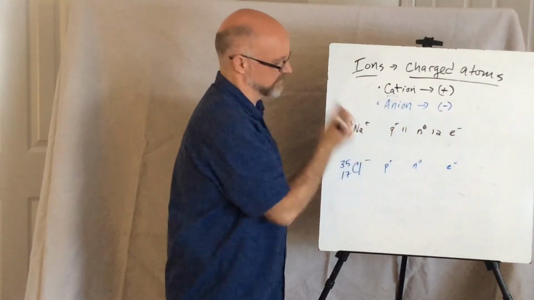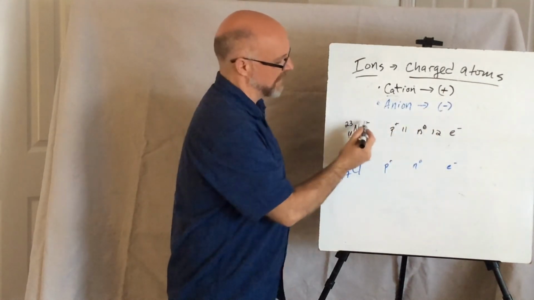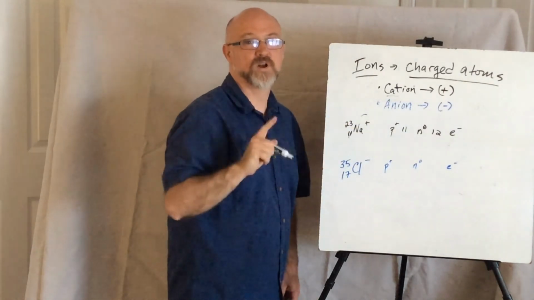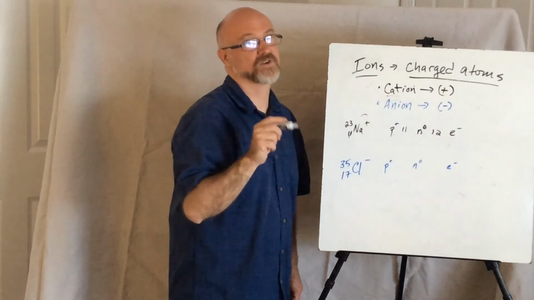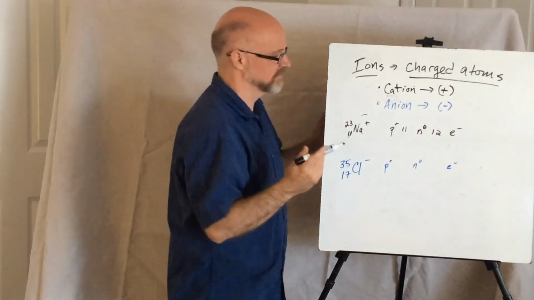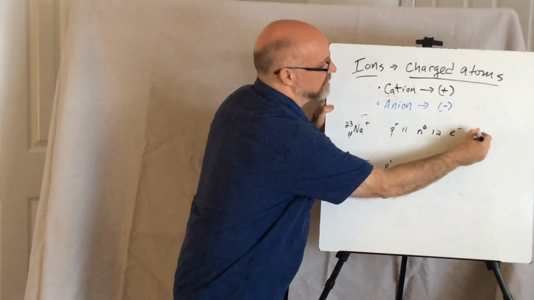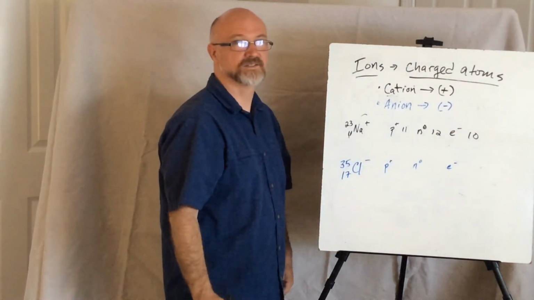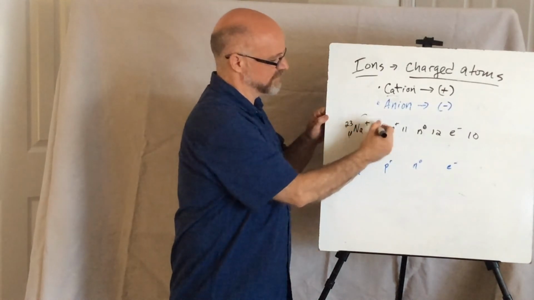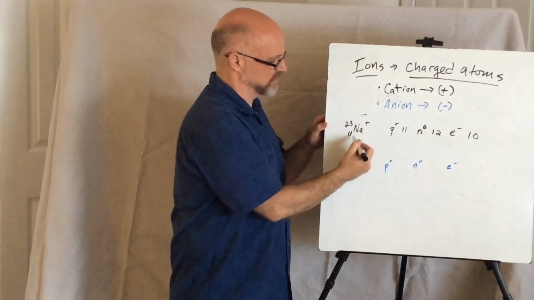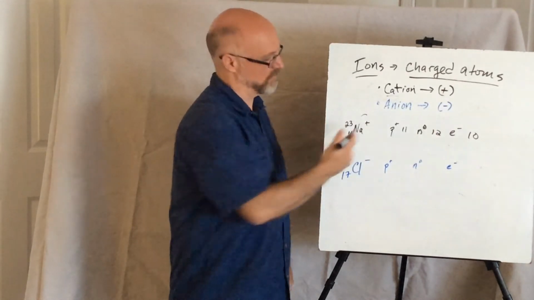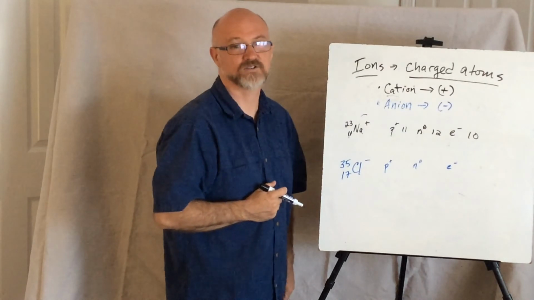Now, this has a positive charge, meaning that it has one more proton than electrons, because electrons are negative. So if it's positive, it's given away an electron. Electron giving is good. So it only has 10 electrons. If the sign is positive, you reduce the number of electrons from the proton number by whatever the size of the positive charge.